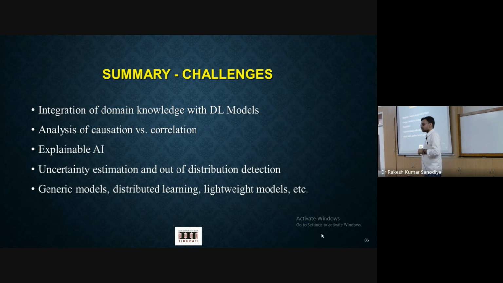And then, as I was mentioning, among the challenges that one perhaps needs to pay attention to are causation versus correlation, explainable AI, uncertainty estimates, and of course generalizability.